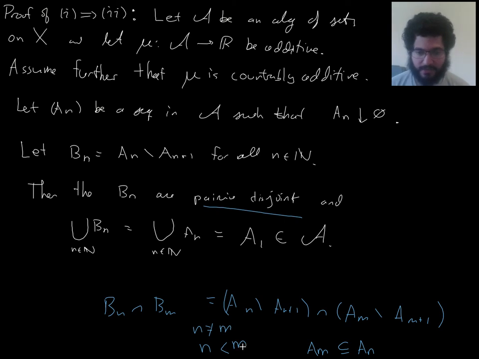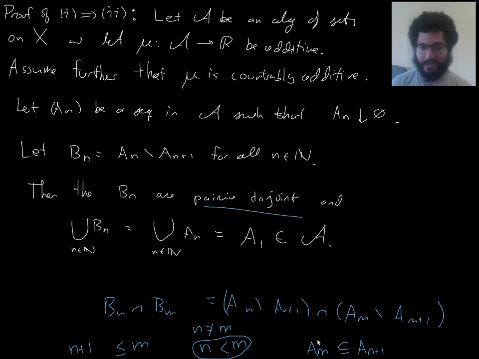And actually, okay, so these are integers. So if m is greater than n, m is greater than or equal to n plus 1, right? So A sub m is actually contained in A sub n plus 1. Now focus on this. Can we show this is empty? Well, all the elements of this have to be both elements of A sub m and not elements of A sub n plus 1, right?